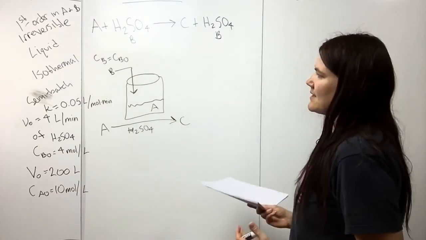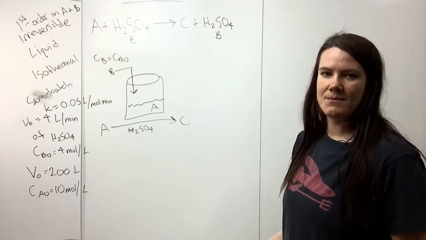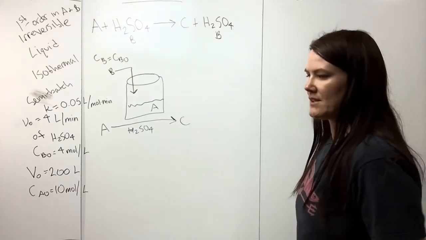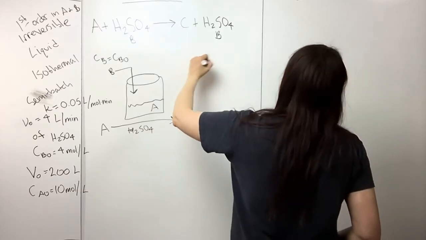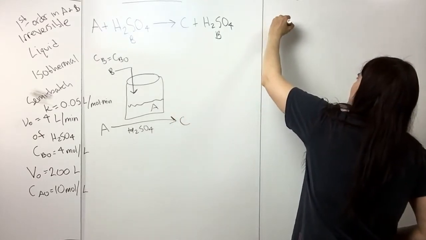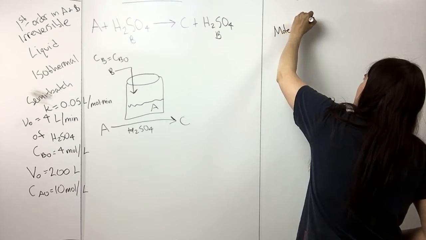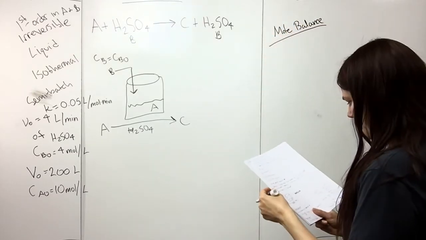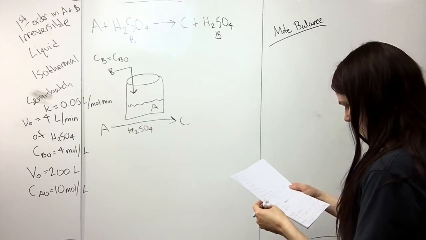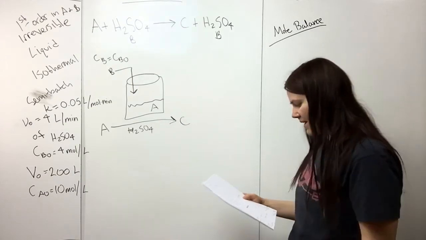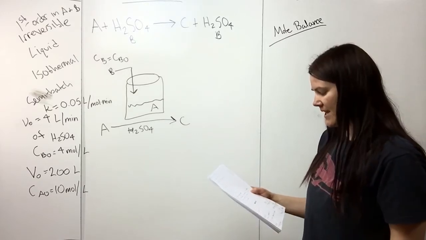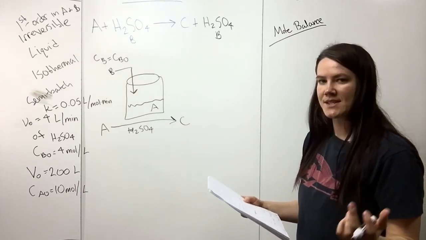So to solve these problems, this is still the same as the other problems we've been doing. The very first thing you want to do is start with a mole balance. The problem says derive a relationship that relates X of A, the conversion of A, to known system parameters.